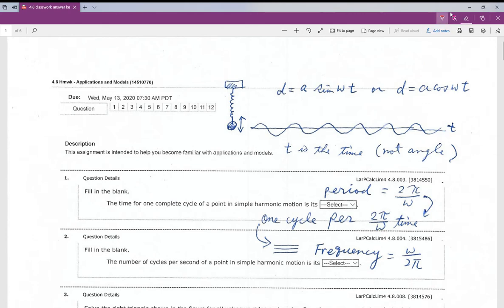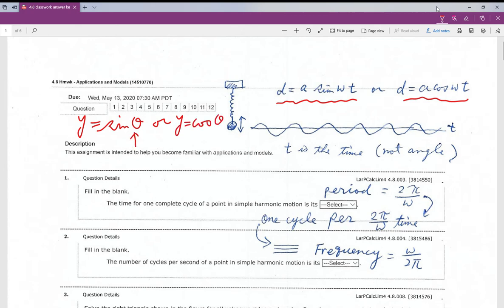Now here we are going to talk about two new functions. Actually, overall, our chapter 4 is talking about the trigonometric functions, like y equals sine theta, or y equals cosine theta.